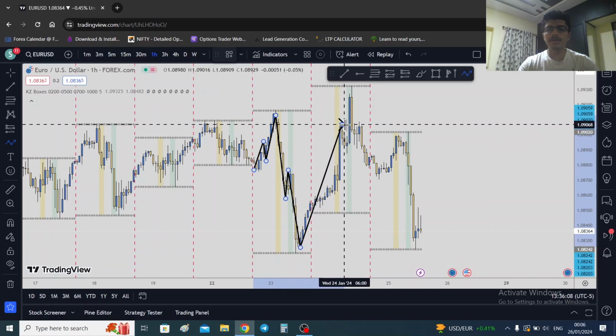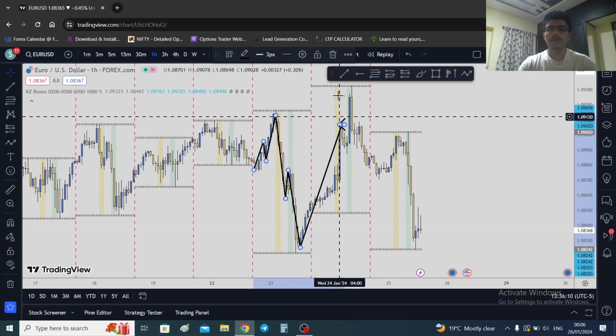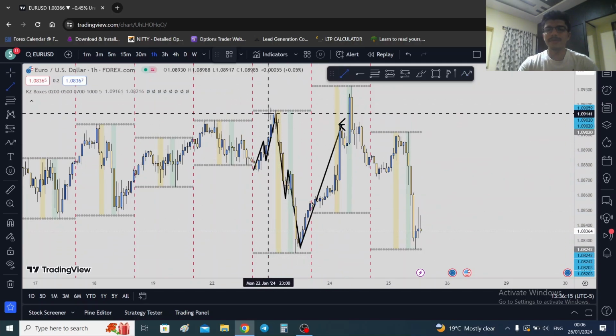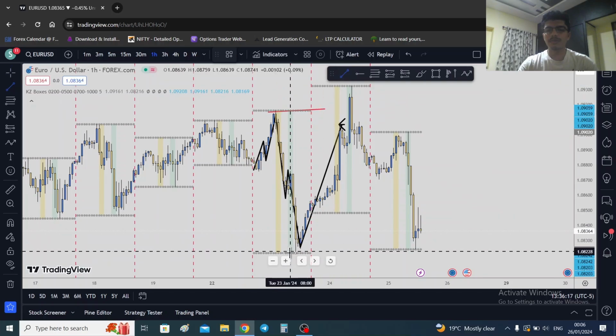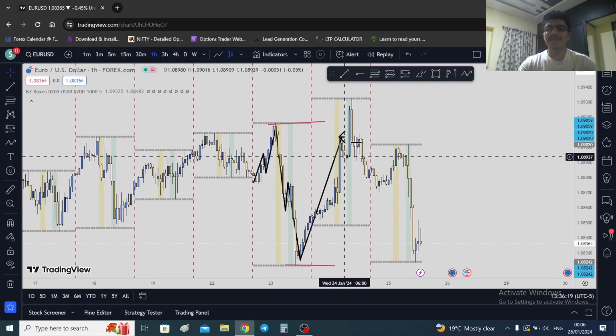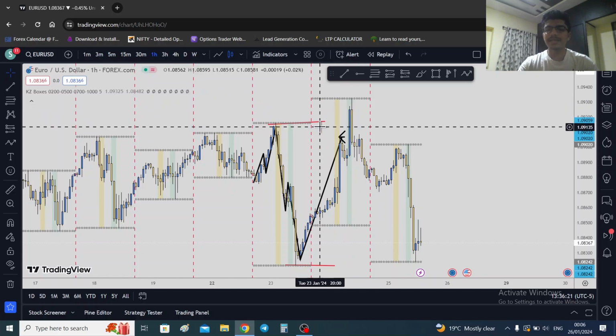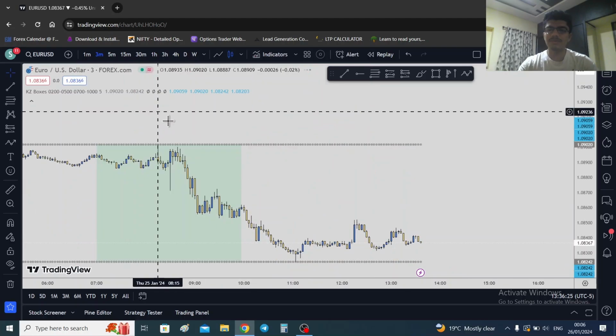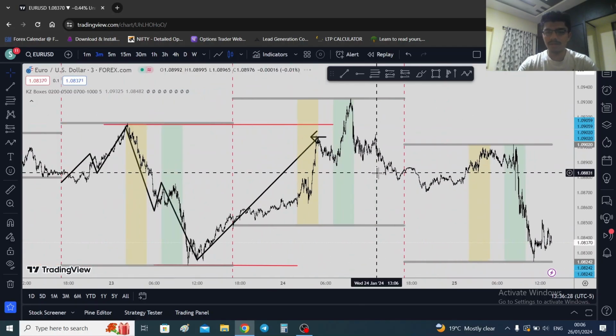We have a bearish breaker and a bullish breaker. We have the high of the range and the low of the range. Price has taken the liquidity. Now we go to the 3 minutes chart to execute a trade.